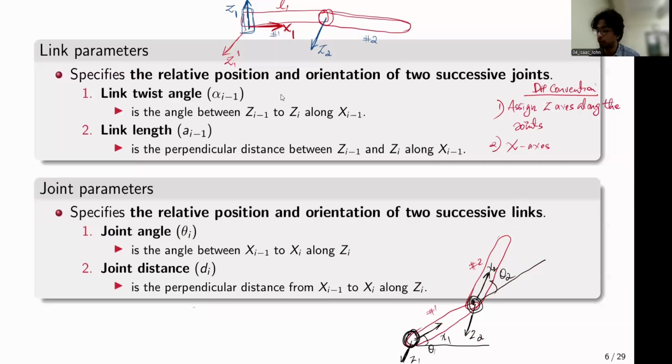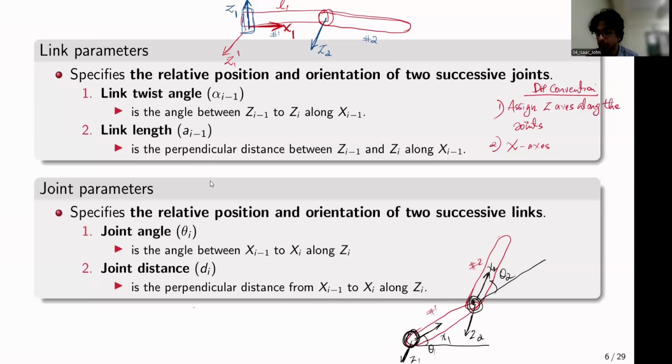And similarly, if there is an offset between the x1 and x2 axes, the perpendicular distance between x1 and x2 along z2 is what we call the joint distance. We'll come back to this point in the subsequent slides, so that we'll probably get more clarity on this. But for the time being, what we have to remember is, in case of DH representation, we only have 4 parameters rather than 6 parameters.